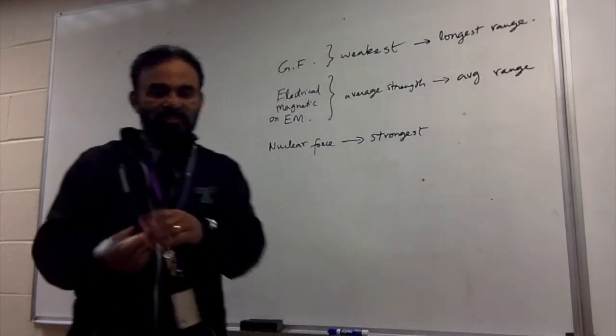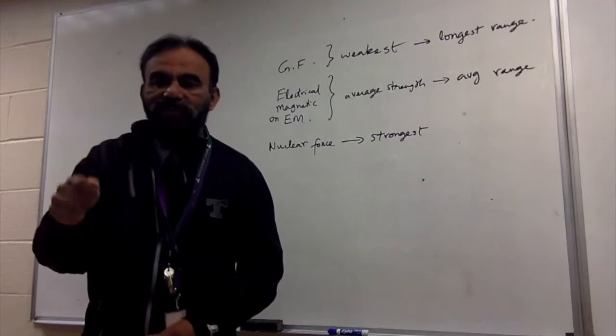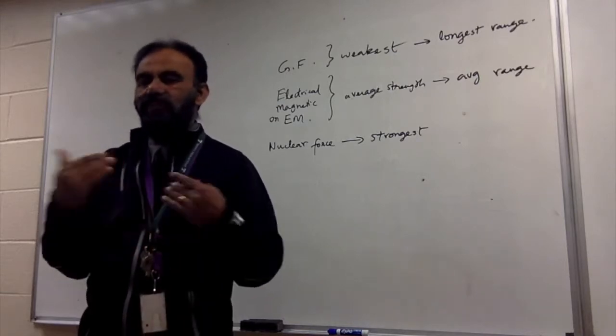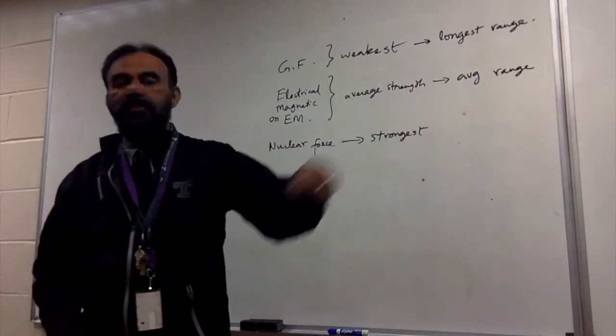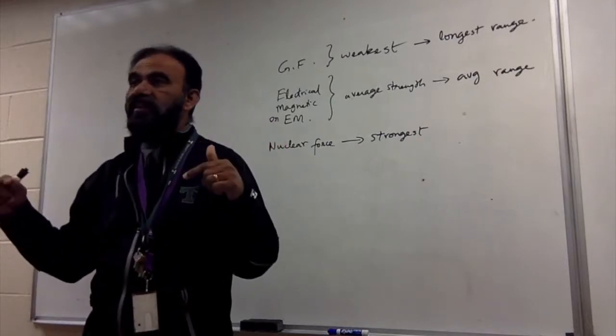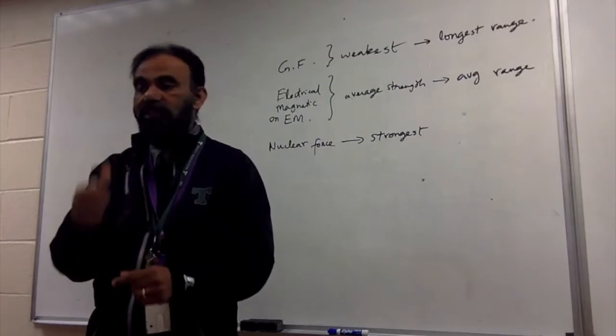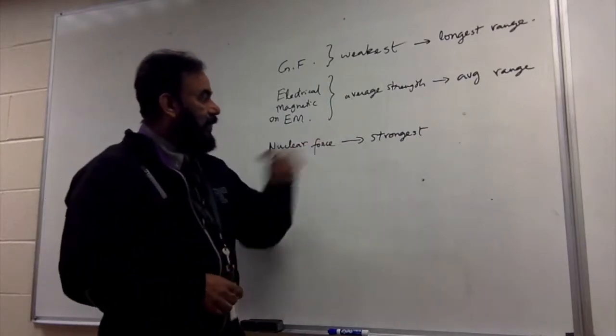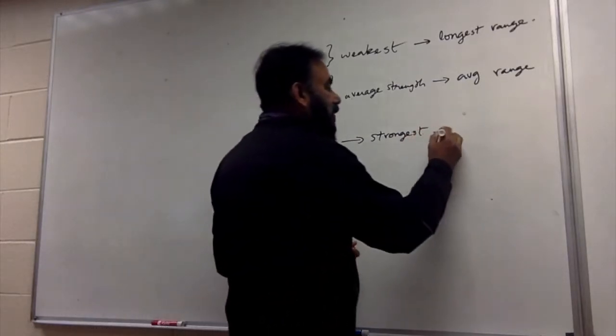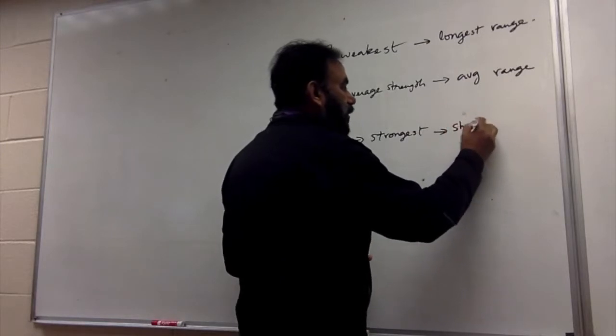And why I say average range, you saw it yourself. Only when I come a little close, it will really act. If I keep a charge over there and another charge over here, yes, there is an electrical force, but it is so negligible. But when you come close, it can be very strong. The strongest force, but it is shortest range.